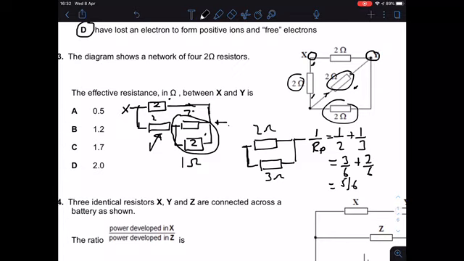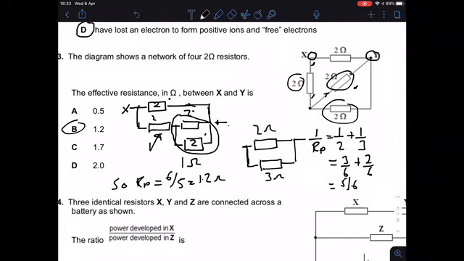But remember, it's 1 over Rp, so Rp is simply 6 over 5, which of course is 1.2 ohms, which gives us answer B. So question 3 is answer B.